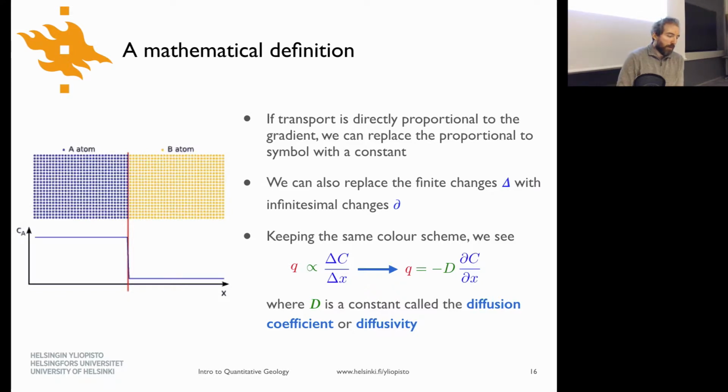So we have our example here again of these atoms A and B. And if we want to go from our finite world of some measured concentration over some measured distance, or measured change in concentration, we can make things a little bit more flexible by going to very small distances over which we consider a change in concentration, going from capital deltas for finite changes to lowercase deltas for infinitesimal changes.